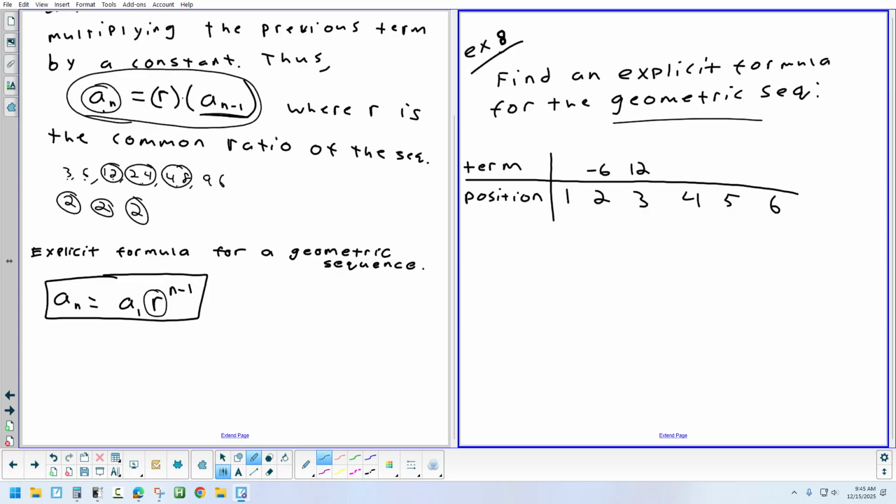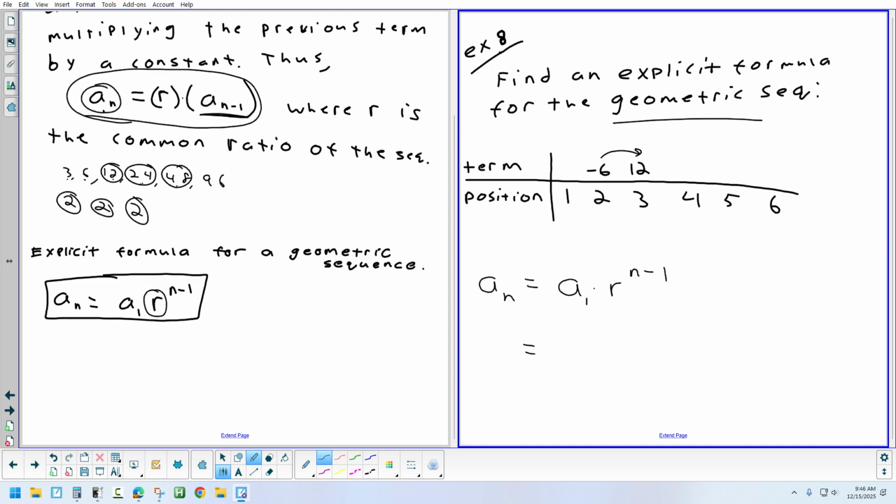I don't have enough terms to tell, but since I said geometric, then you know which formula to use. Okay. What's the formula for a geometric explicit sequence? A1 times r to the n minus 1. Okay. We don't have the first term here, but we can figure it out.